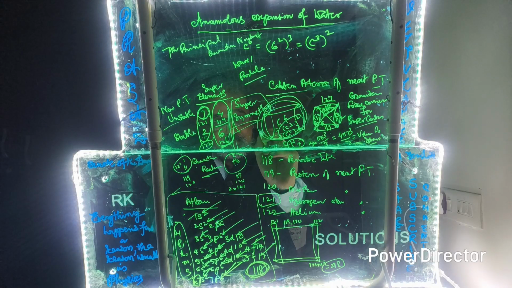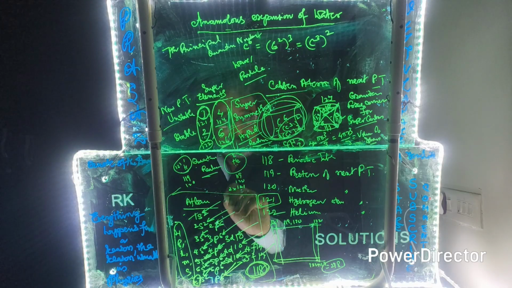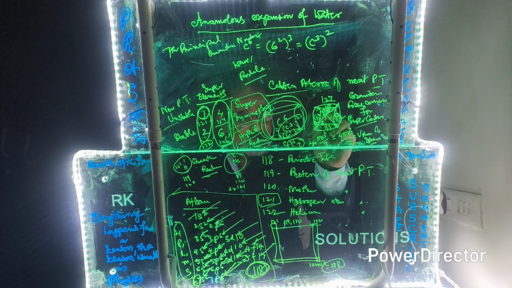So this becomes a hybrid realm. Let's say this is the border of these two. This is where quantum 1, quantum 2, quantum 3, quantum 4 all make the image.